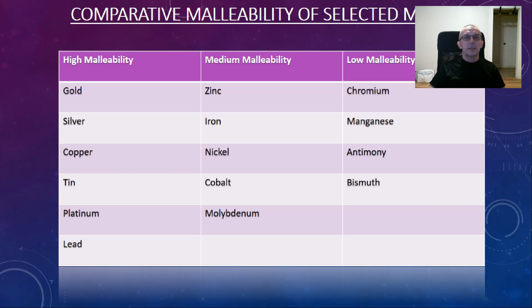Medium malleability are the zinc, iron, nickel, cobalt, and molybdenum. And then the low malleability metals are chromium, manganese, antimony, and bismuth. So these are the high malleability metals, and gold is among them, which is why we have to make gold into an alloy in order to use them for crown and bridge.